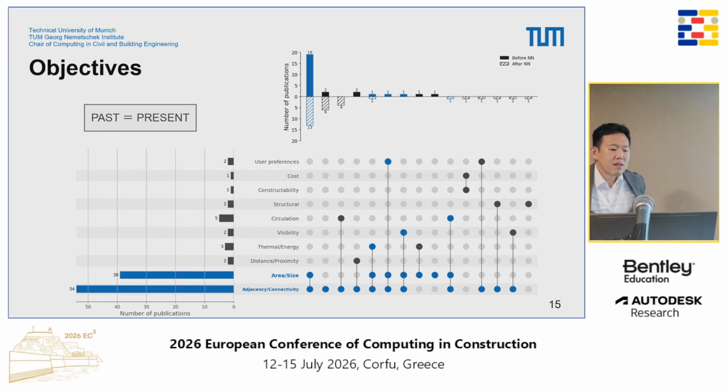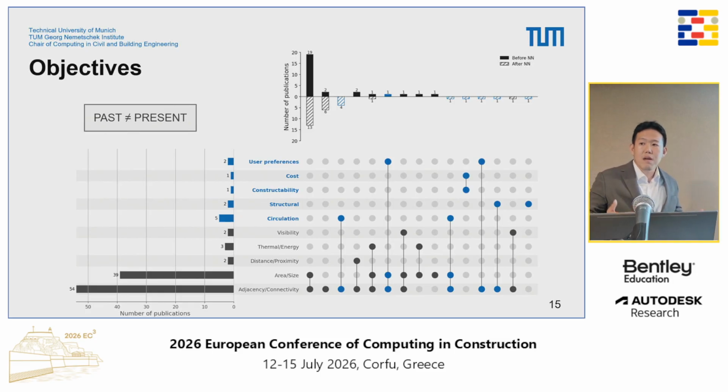And the objectives. What has mainly been focused on were given constraints in terms of spatial relationship, mostly related to adjacency and connectivity between the rooms and a certain scale given as conditions. But as time goes, today we also saw a really good example of how constructability could be considered during the design, right?